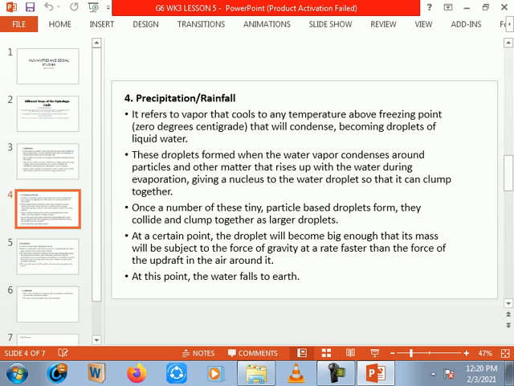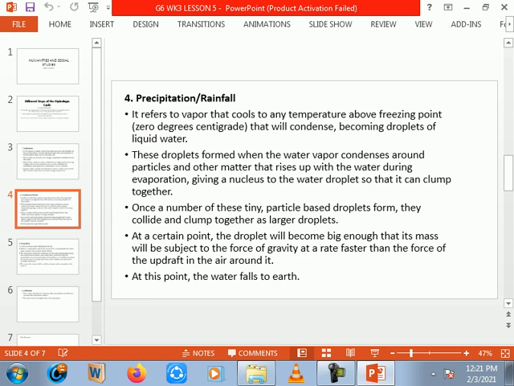These droplets form when the water vapor condenses around particles and other matter that rises up with the water during evaporation, giving a nucleus to the water droplet so that it can clump together. Once a number of these tiny particle-based droplets form, they collide and clump together as large droplets.